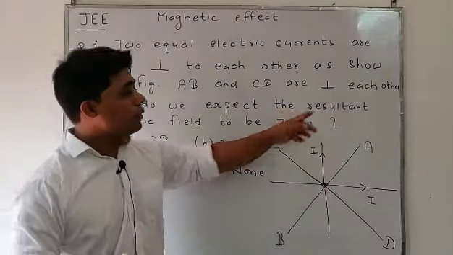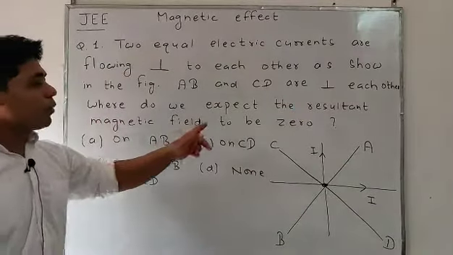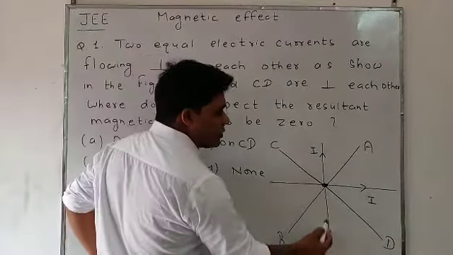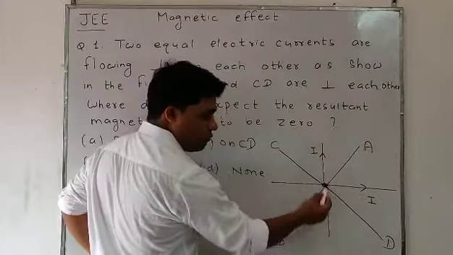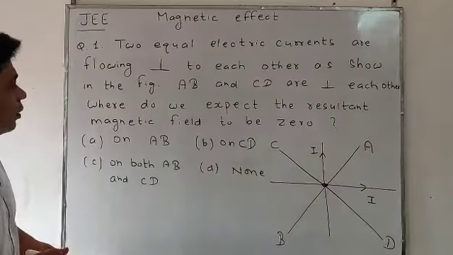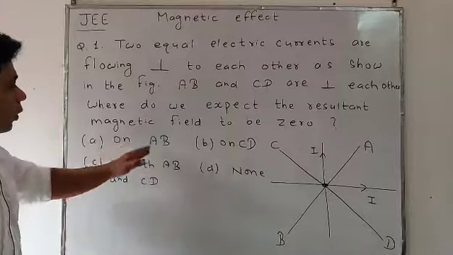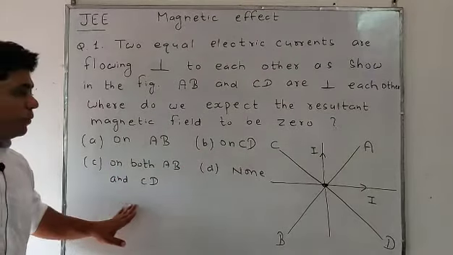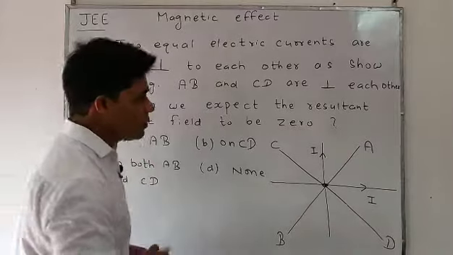Where do we expect the resultant magnetic field to be zero? As I explained, these are perpendicular wires, first and second having equal current. We are given four options: on AB, on CD, on both AB and CD, none of these.